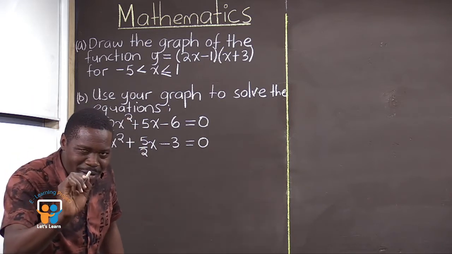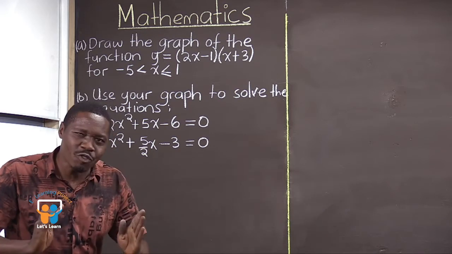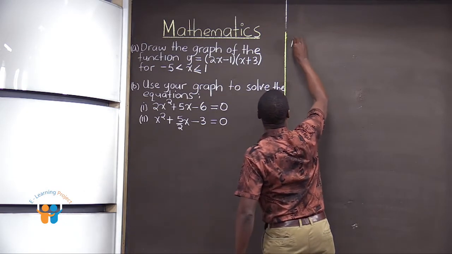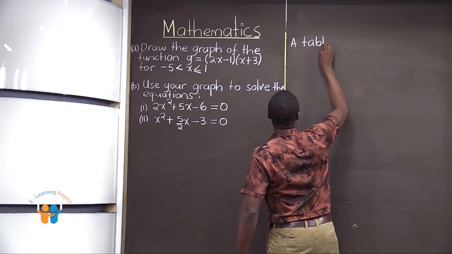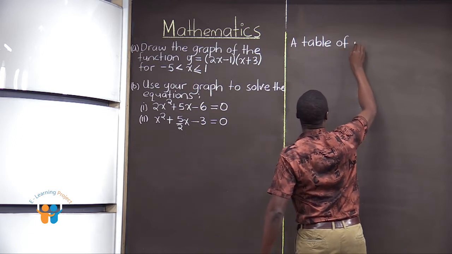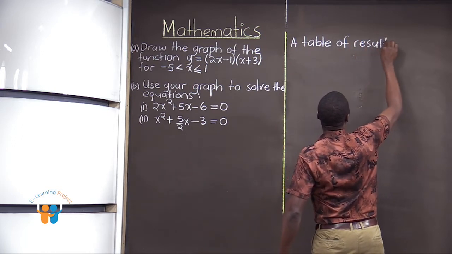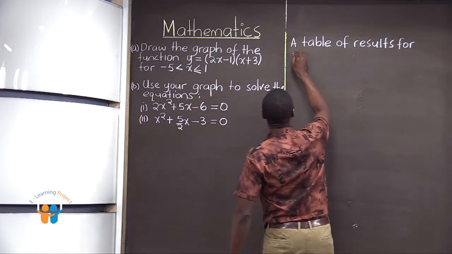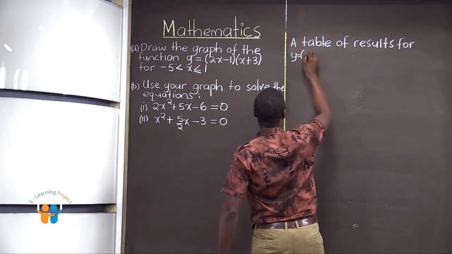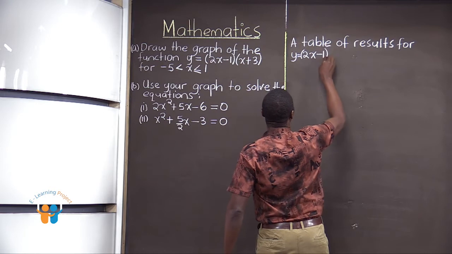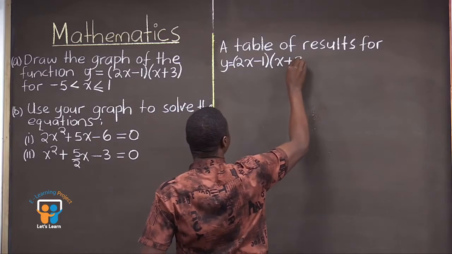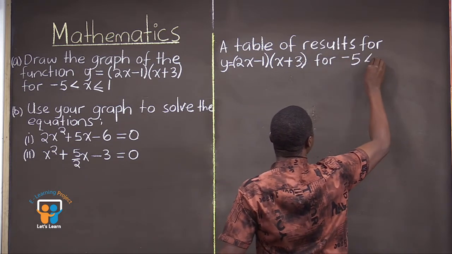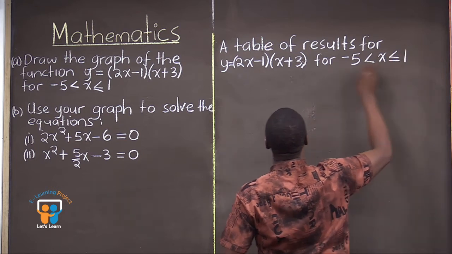So Mr. Examiner, sir, let us go direct and first draw what we call a table of results. We shall say a table of results for our equation, which is y = (2x − 1)(x + 3) for −5 < x ≤ 1.